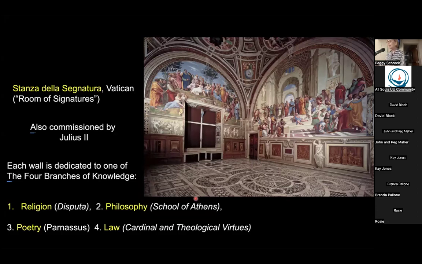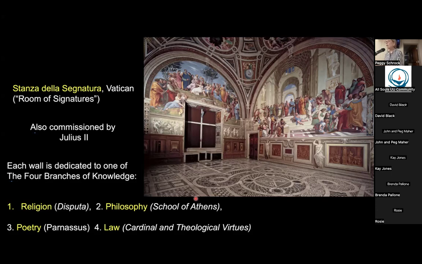This is Julius II again, who commissions Raphael to paint the four walls. He wanted this room identified with him, to speak of who he was, and he wanted to be seen as a cultured, learned person. And so each of the four walls symbolically presents the four branches of knowledge as they were understood in the Renaissance.